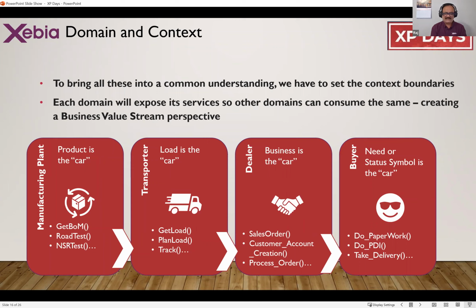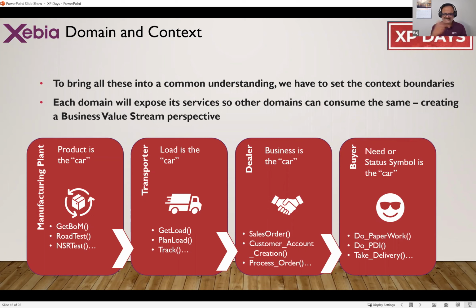So you create a perspective about delivering value to your customer by doing two things here. One is you create a context boundary, what happens within each domain, and each domain will start exposing its services. This is where technical and engineering practices are very much required.